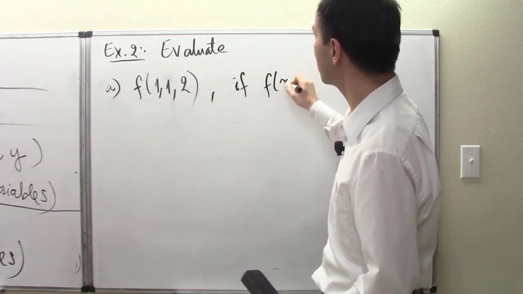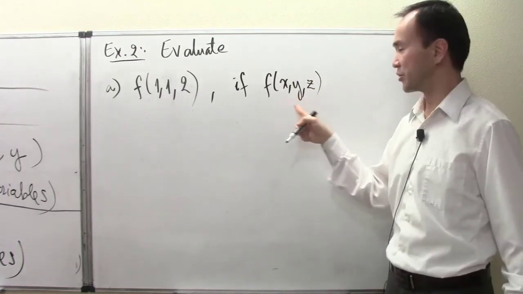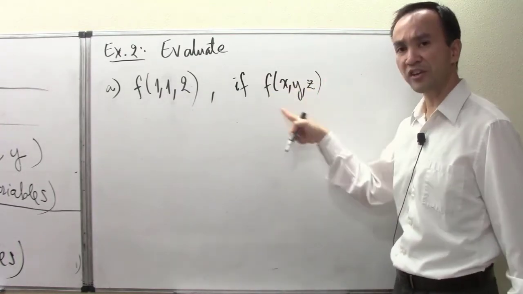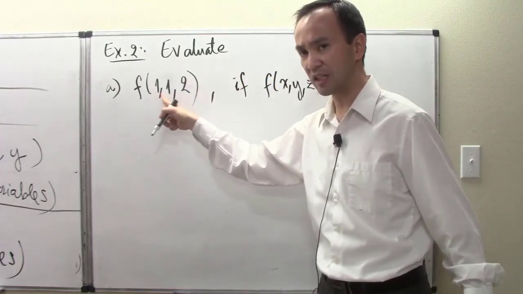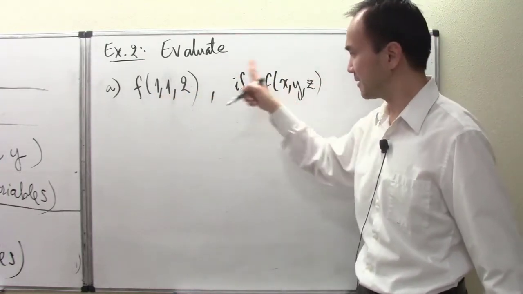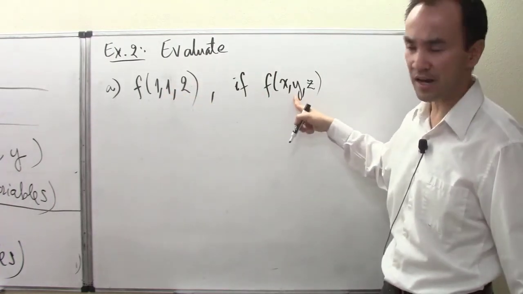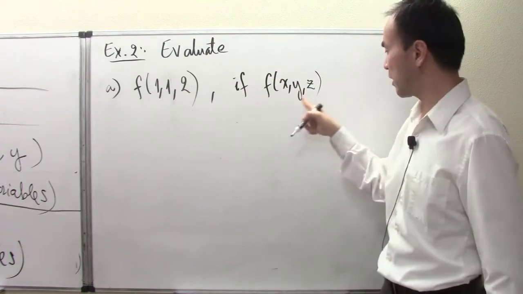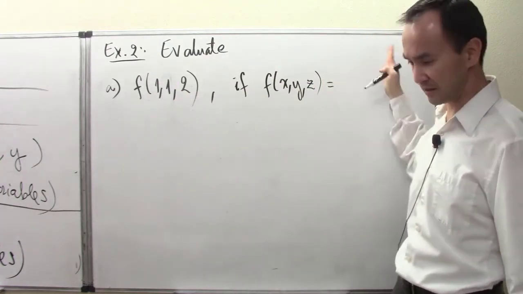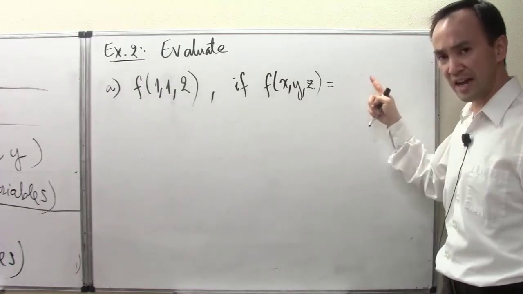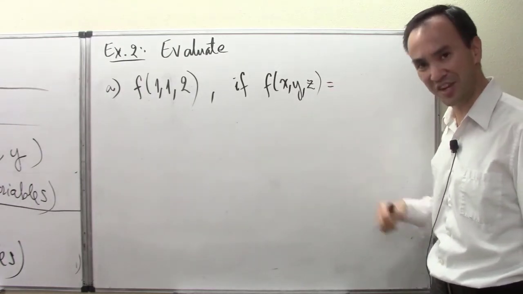So f of x, y, and z, and that's why this notation is important. It's indicating that our first value corresponds to x, the next value in our triplet corresponds to y, and the last one corresponds to the z variable. And so I'm expecting that the function I'm about to write down is going to have 3 variables present: x, y, and z.